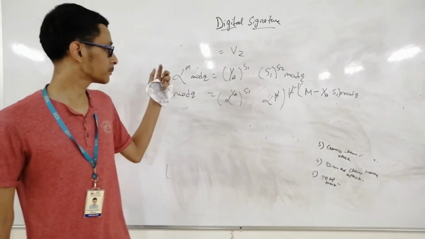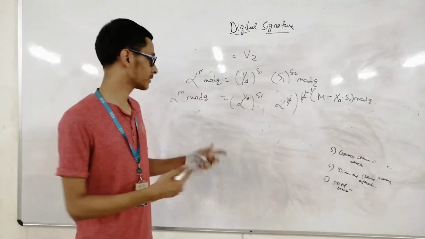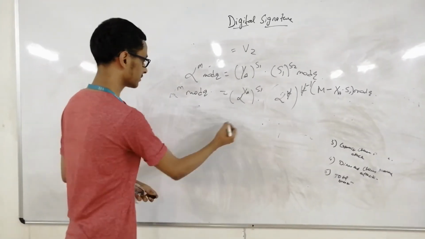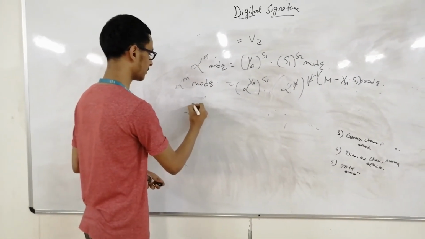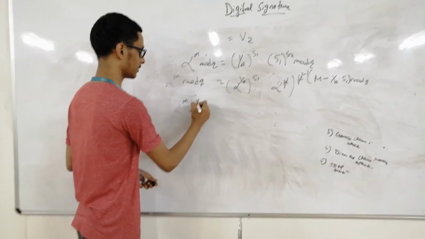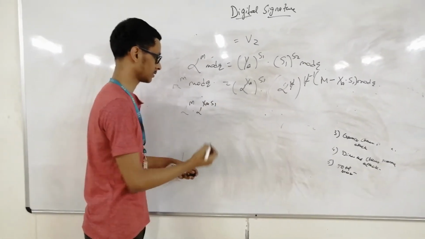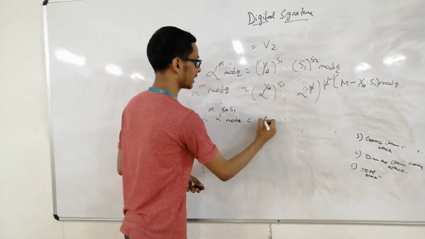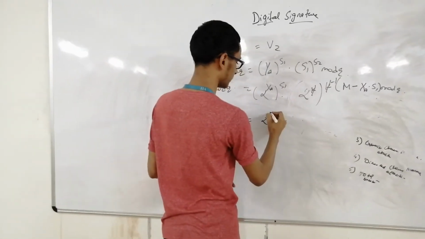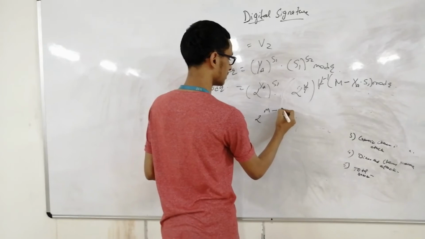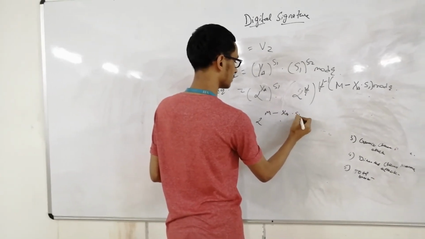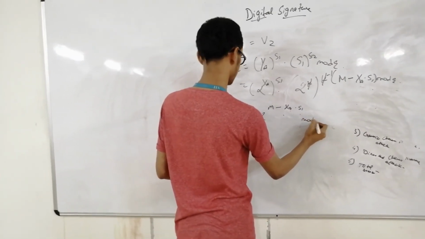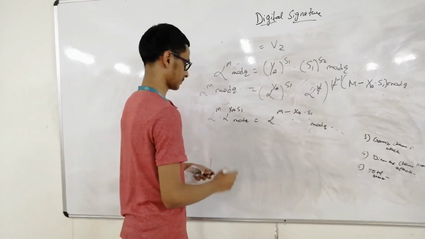Okay, now let me prove that V1 is equal to V2 in another method. Let's take this to this side. Alpha power m, alpha power xa, this one mod q is equal to alpha power. These get cancelled and we are left with m minus xa into S1 mod q.